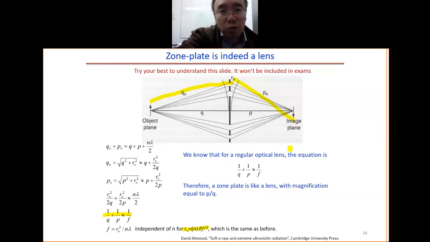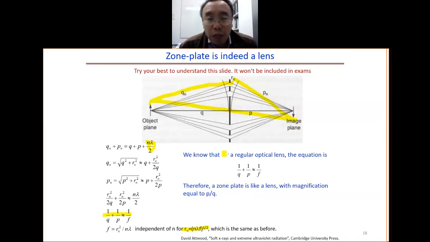So this is equal to the distance from here to here plus n lambda over 2. Actually, if you do some math, this can also be proven. That means the top of the arrow will form an image here.